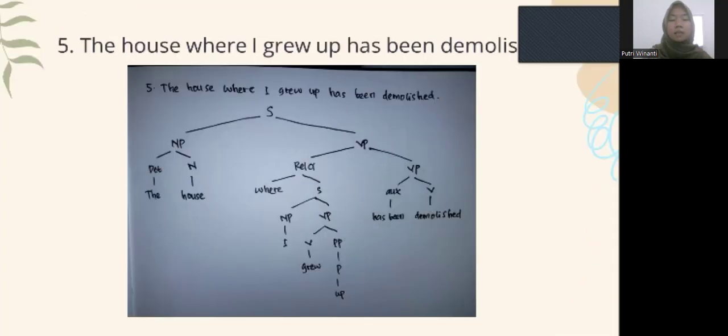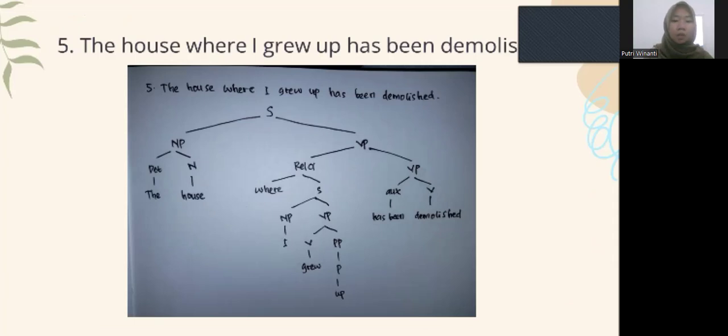Okay, the last sentence. The house where I grew up has been demolished. The noun phrase, determiner, and noun. Determiner is the, noun is house, and verb phrase consists of relative clause and verb phrase.